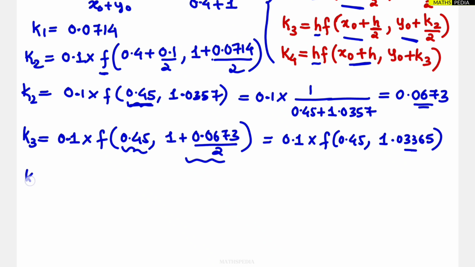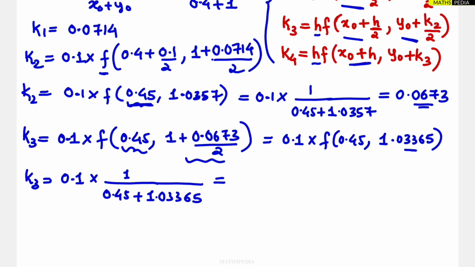Okay, so the k3 value becomes, now I have to put it in the function, 0.1 into 1 divided by x plus y, here 0.45 plus 1.03365. So what is the answer you are getting? 0.0674. Done. This is the k3 value.